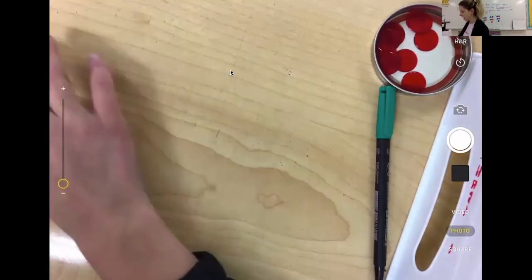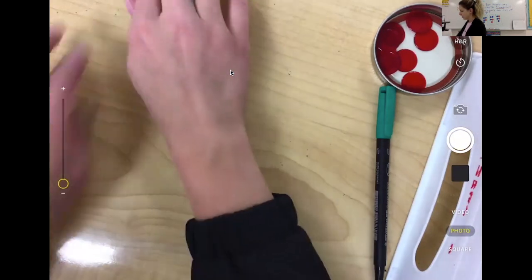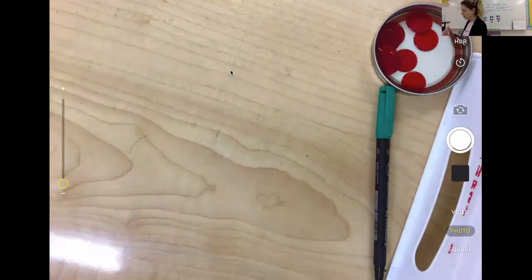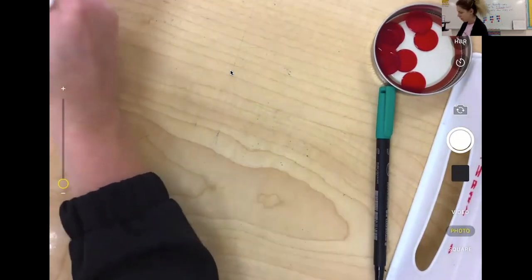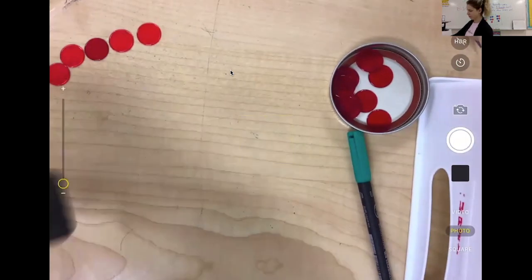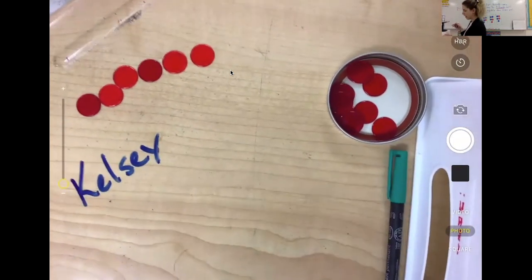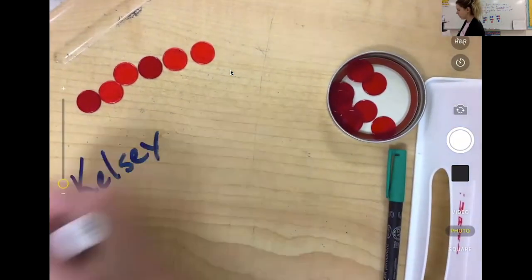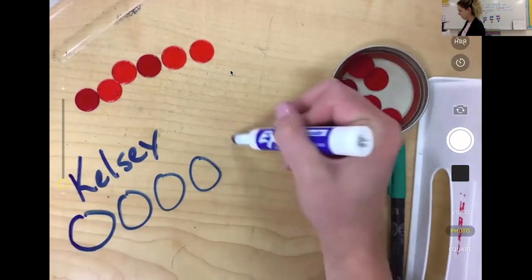So let's say I have 6 red candies. Let's say Kelsey is dividing her 6 candies into 6 piles.